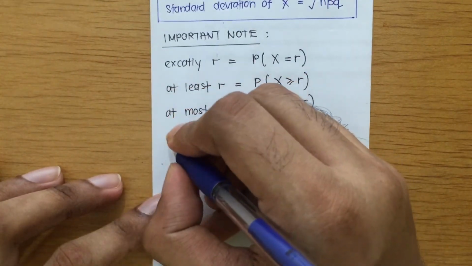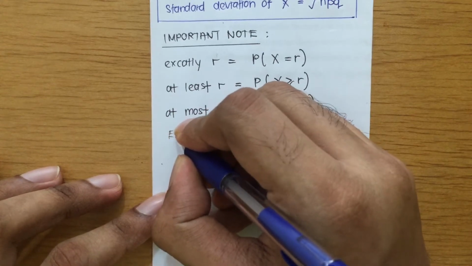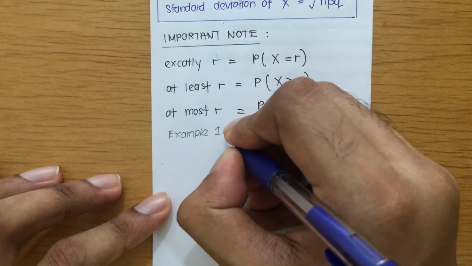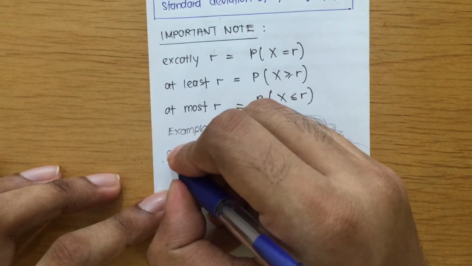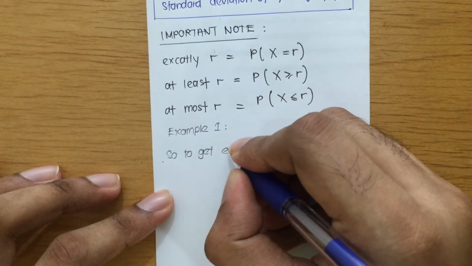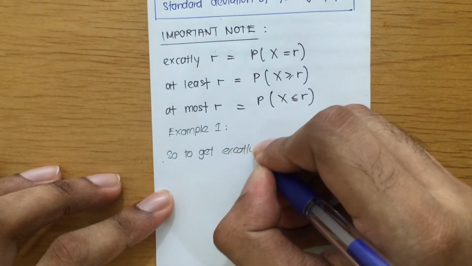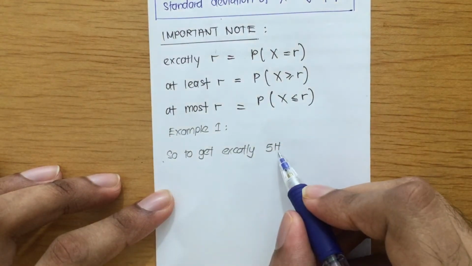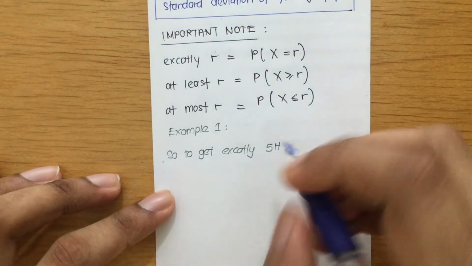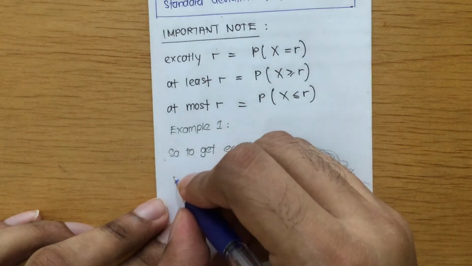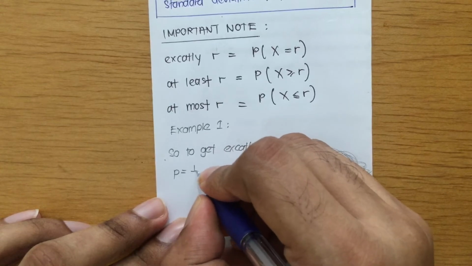So this is just example 1. To get exactly 5 heads, I write H in short form. You need to set your probability of success, which is equal to 1 over 2.